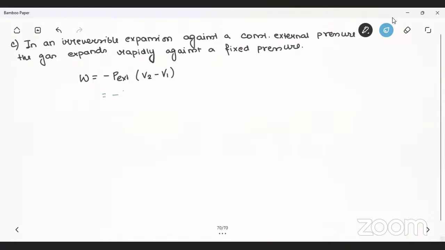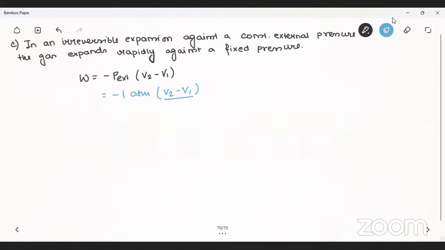So what will this be? -1 atm times (V2 minus V1), right or wrong? Right, ma'am. Now, we don't know the values of V2 and V1, right?